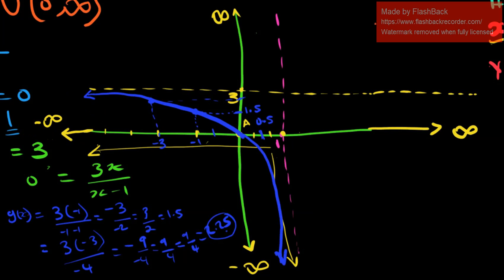So that tells me the graph is also over there. It also approaches the vertical asymptote as y approaches infinity.